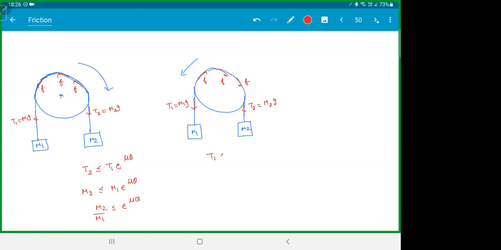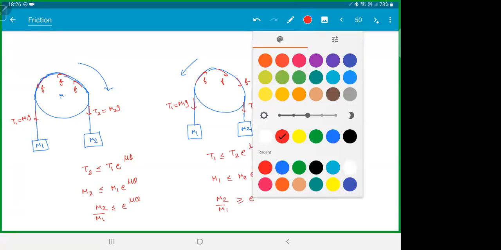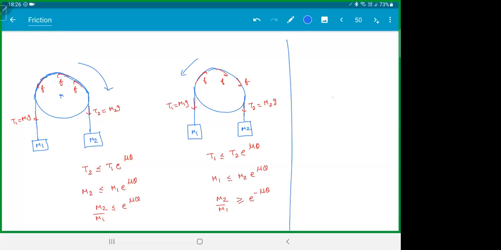So this time you'll get T1 is less than or equal to T2 e power mu theta. We get M1 is less than or equal to M2 e power mu theta. Or you can simply write M2 by M1 is greater than or equal to e power minus mu theta. There, this is your final answer. The ratio M2 by M1 will lie between e power mu theta and e power minus mu theta.